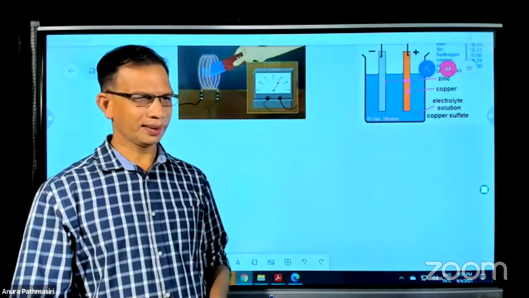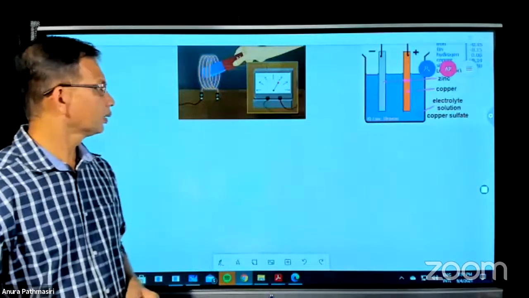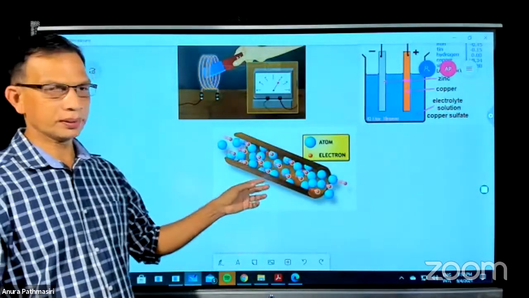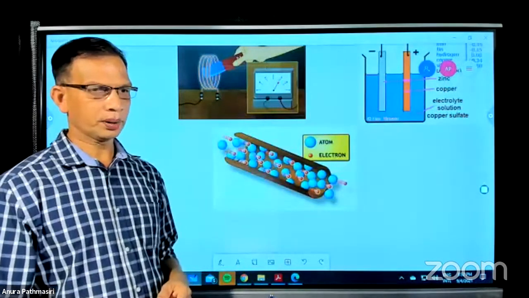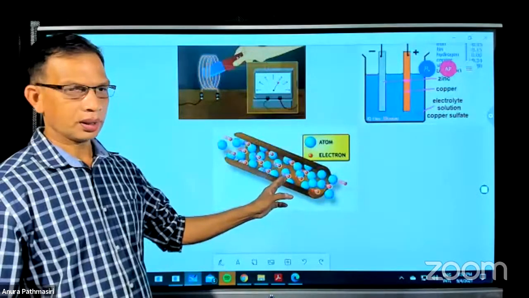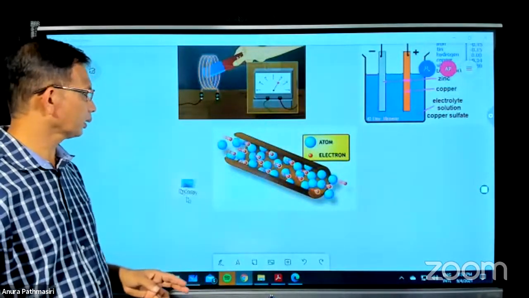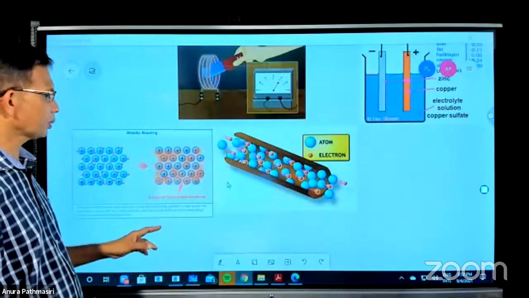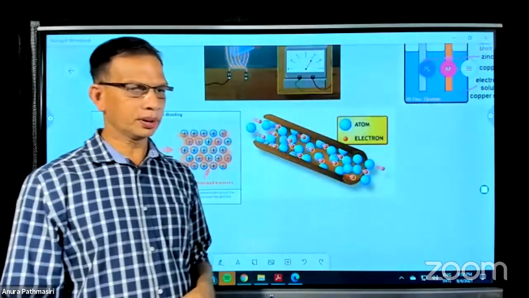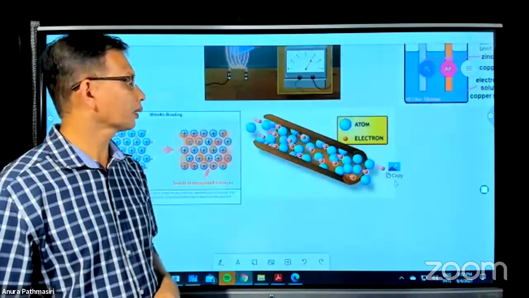Here you have the copper conductor, and inside the copper conductor these free electrons are available, and if you give a force by using a magnetic field, there is a possibility of generating electric current. So we will be learning about that in our next unit.